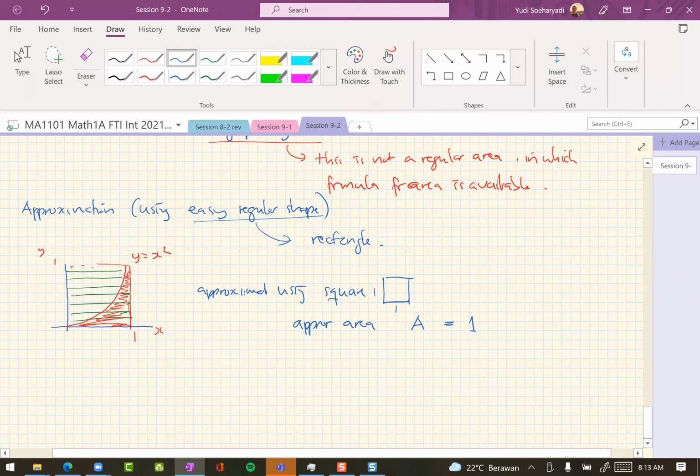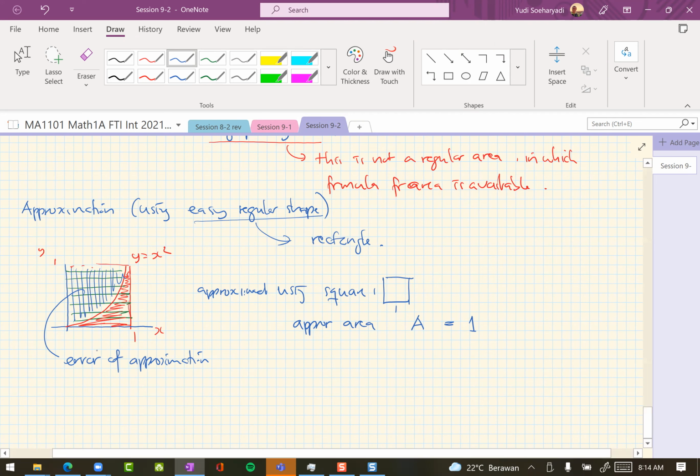So here's the error of the approximation. You see that this is not a good approximation because the error is even bigger than the area that you want to get.